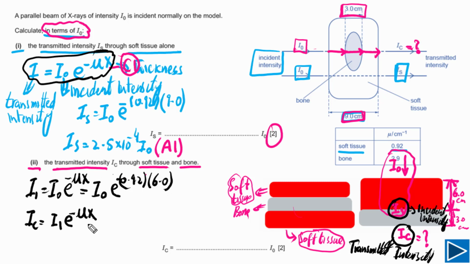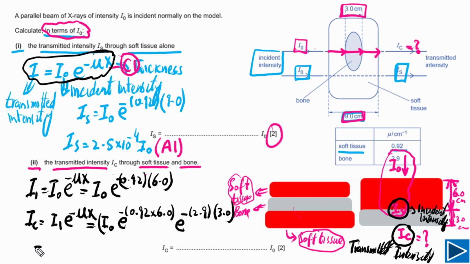So we have to replace I1 with I naught, times bracket e to the power of negative 0.92 times 6.0, and this is multiplied with e to the power of negative mu, and this mu is for the bone, that is 2.09, and the thickness of the bone is given, that is 3.0 centimeters.